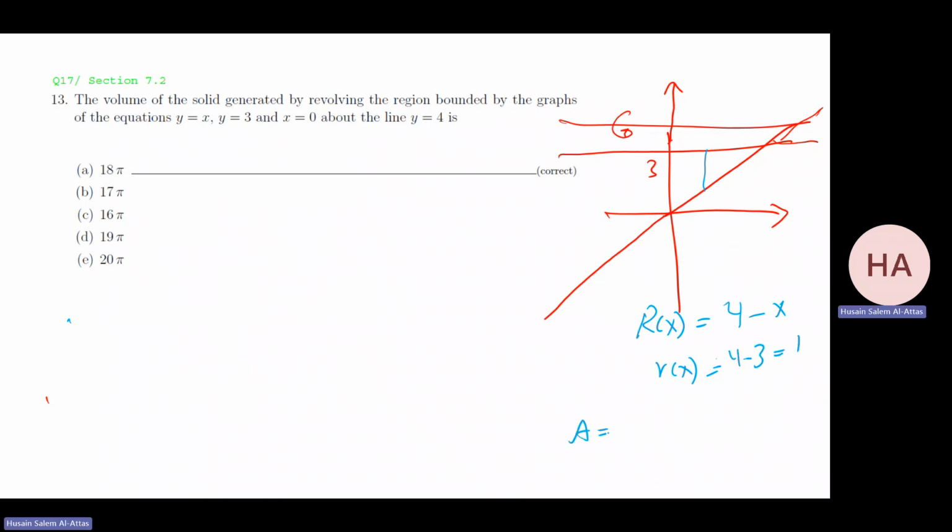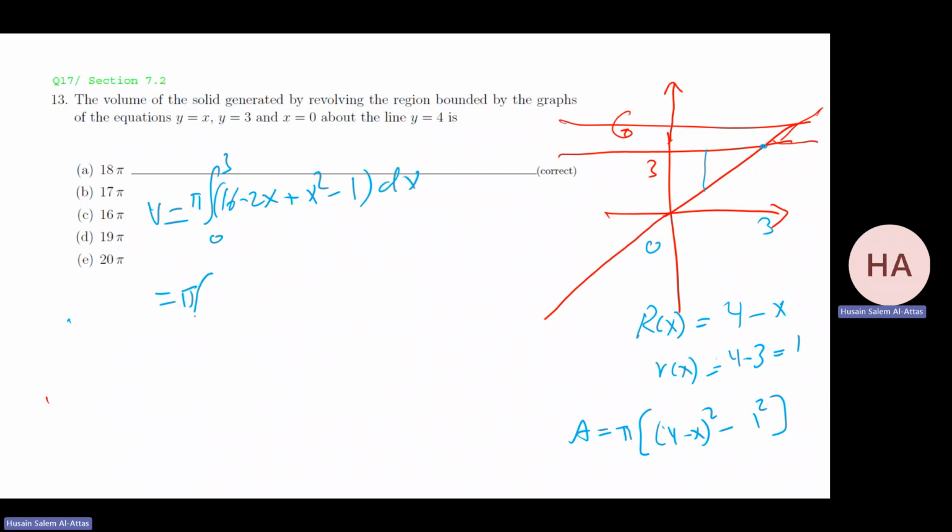So the area will be by this one minus 1 squared. So the volume is from where to where? That is from 0, I need this with y equal 3, x equal 3. So it's from 0 to 3 of pi, open this, that will be 16 minus 8x plus x squared minus 1 dx.